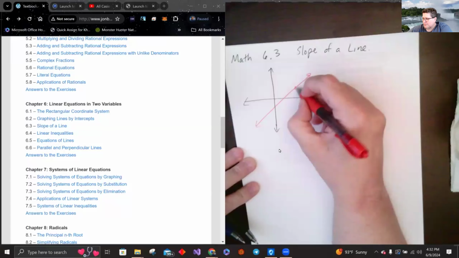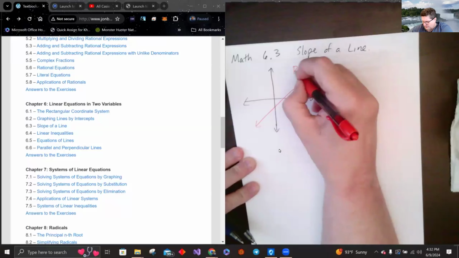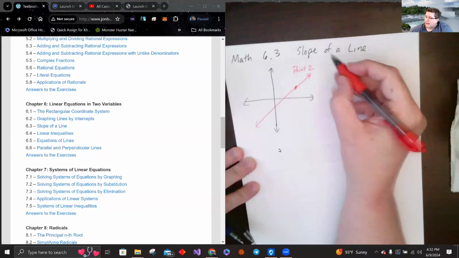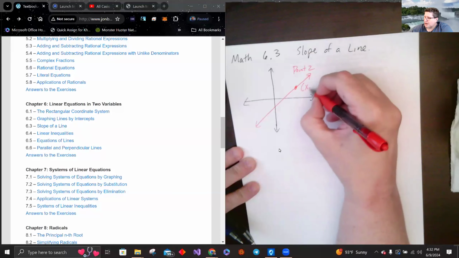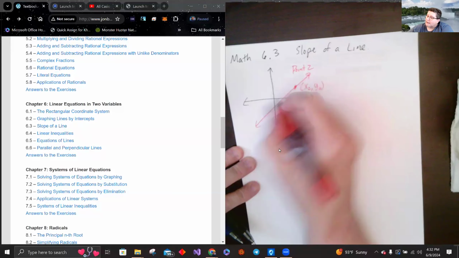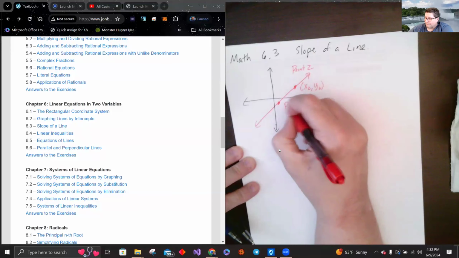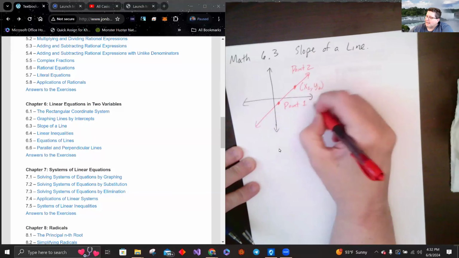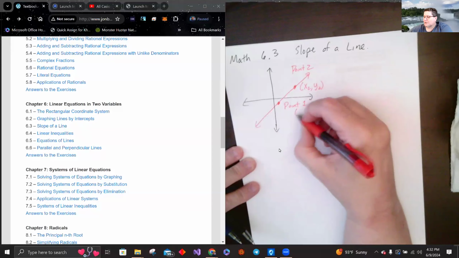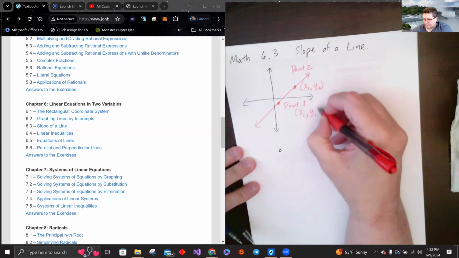Let's say this is point 2, and I'm going to label it x2 comma y2. And let's say this is point 1, and I'm going to label it x1 comma y1.